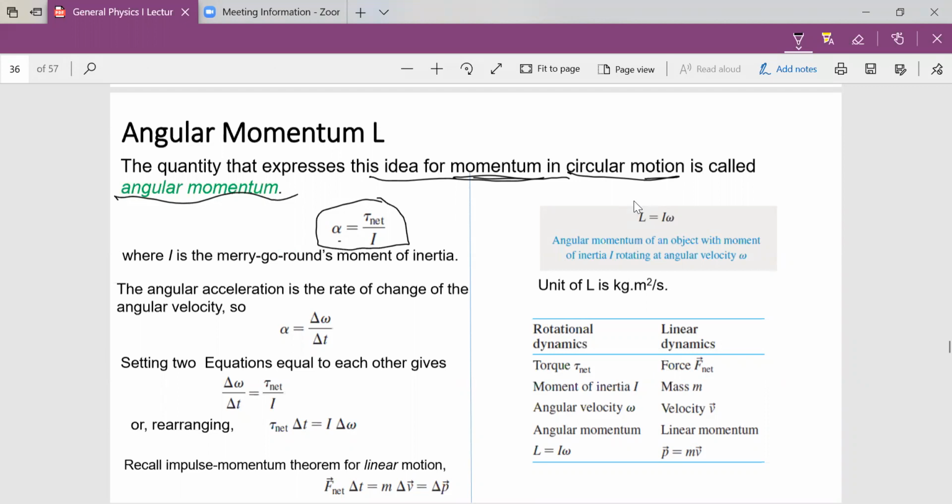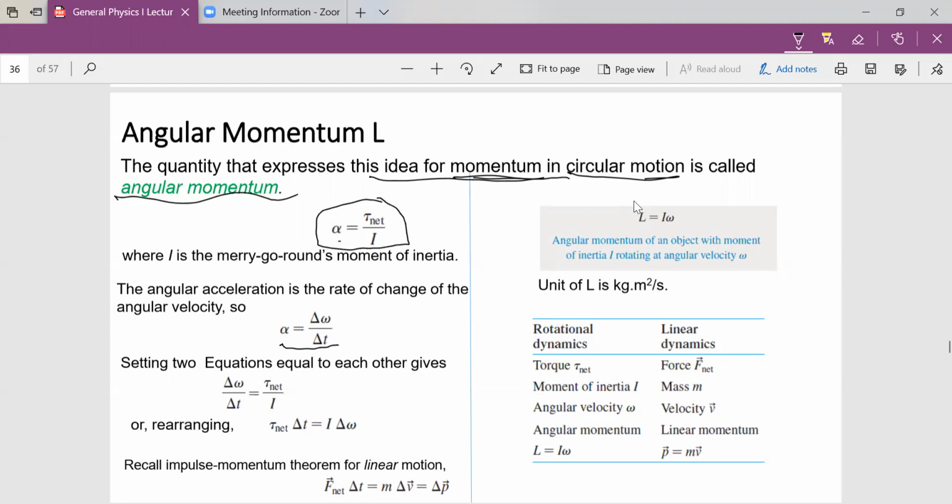Now, the angular acceleration is actually defined as the rate of change of angular velocity. So we can express acceleration as change in angular velocity, which is change in omega, over change in t.